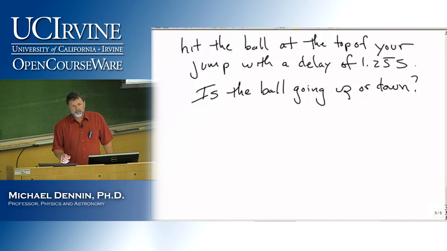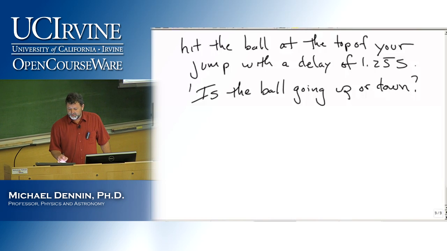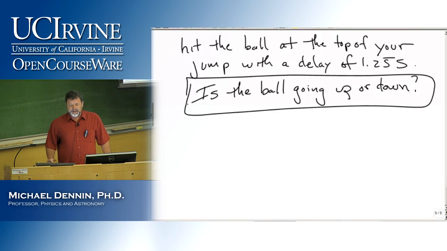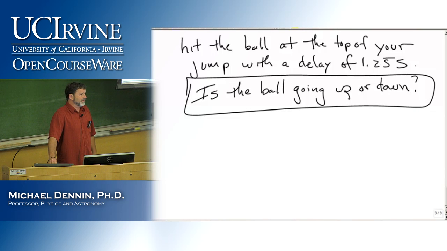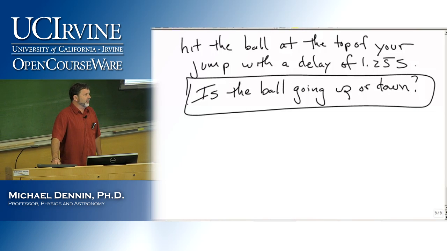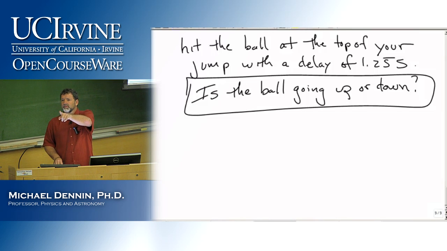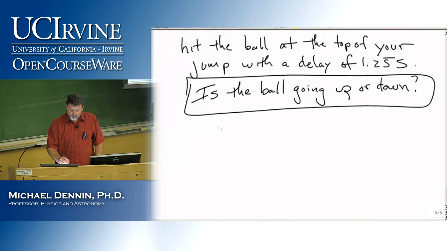Okay. So let me ask you this. Turn this English phrase into a very, very short physics statement. If I was to draw this as a physics picture, what am I drawing? Somebody said it over here. It's a negative velocity. Ball going down is negative.